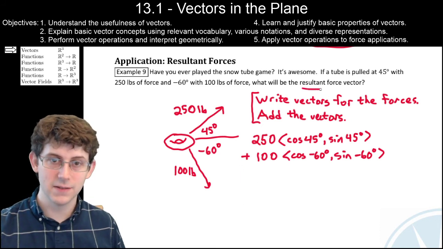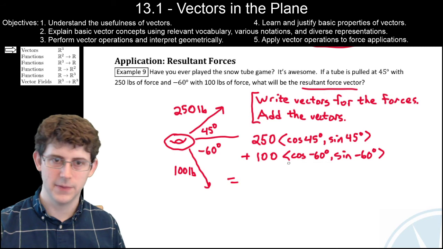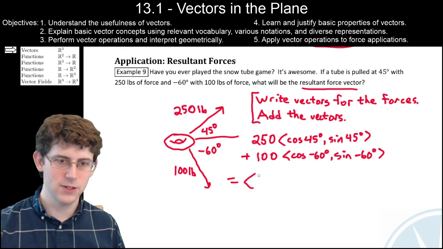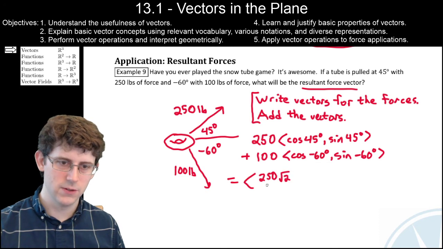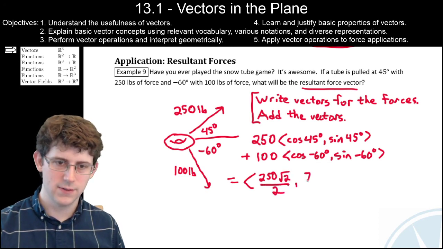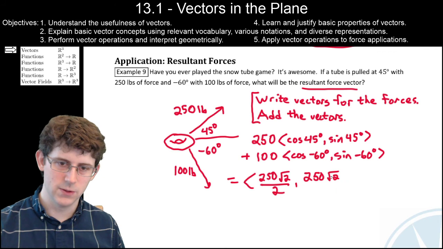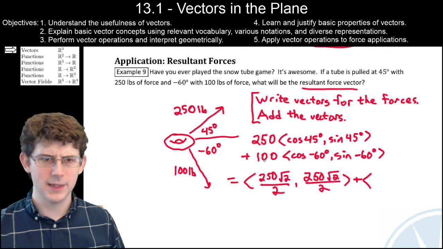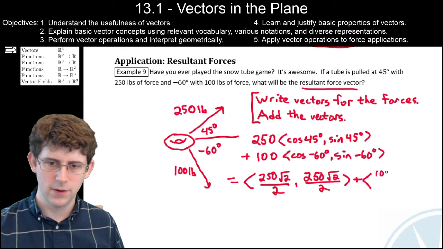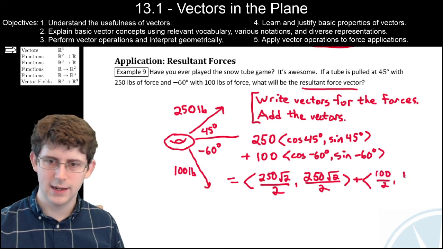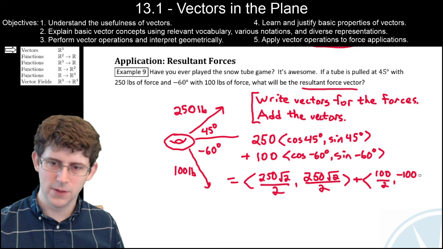That's the resultant force vector. So let's get this written down. The first vector is going to be 250 times root 2 over 2, and 250 times root 2 over 2, plus the second vector will be 100 times a half, and 100 times minus root 3 over 2.